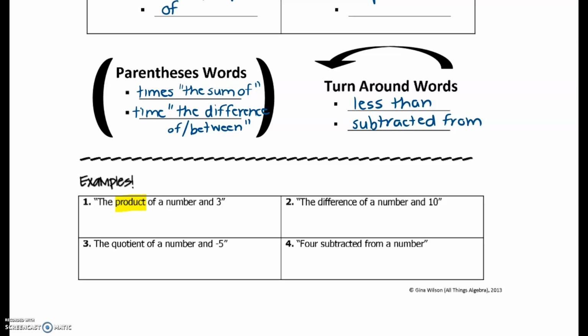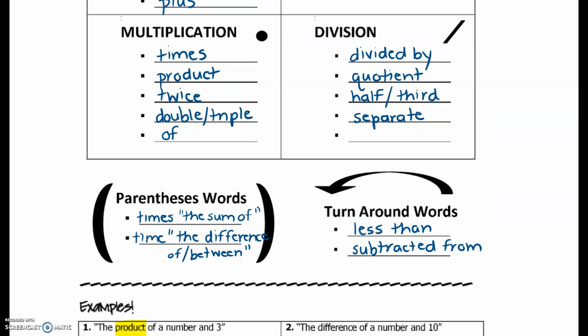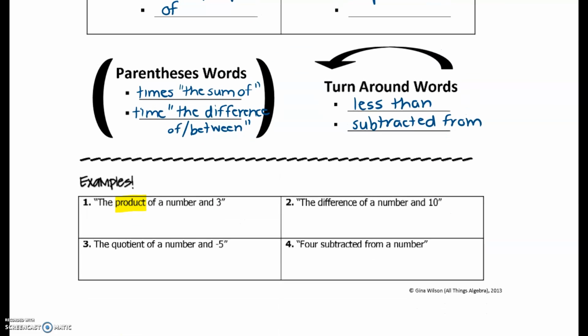The key word product, if you look at our chart, should indicate to you that we are going to multiply. When you see the phrase a number, that is our unknown. So our unknowns have to be represented with a variable. In most of these cases, I'm going to use the letter x unless I'm told I have to use a different variable.